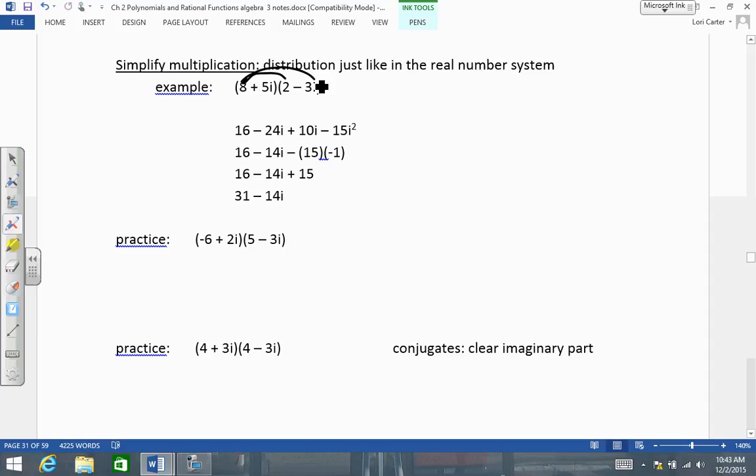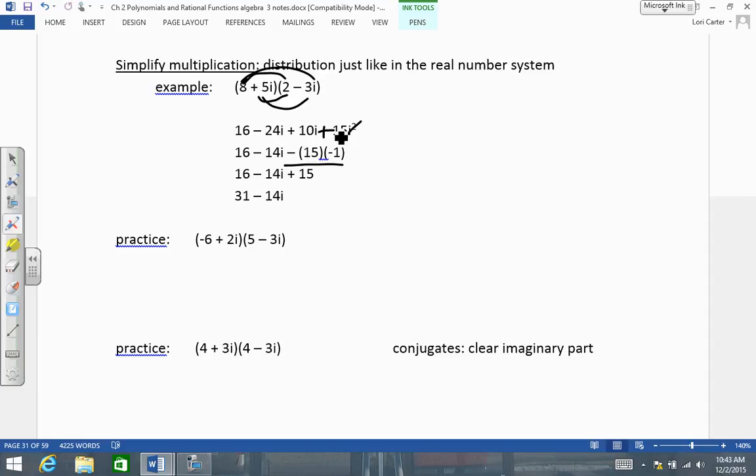Yes? Yeah. 10i minus 15i squared. Okay, but what's i squared? Negative 1. So i squared is really negative 1, so this is truly plus 15. Good? If you want to go up here and say i squared changes the sign and skip this step, that's fine.